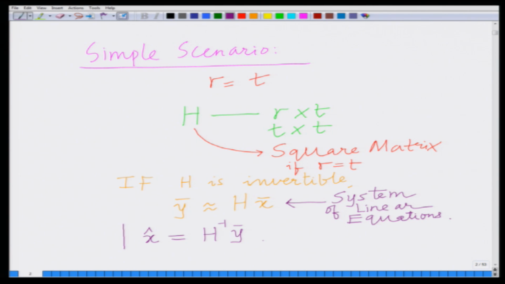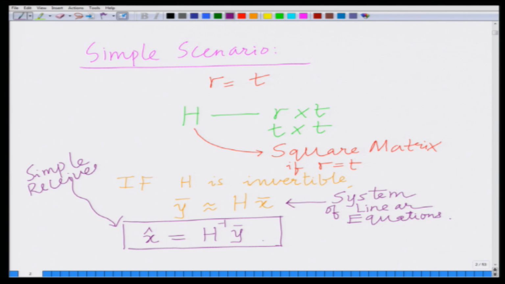So this is a simple receiver, x hat is equal to H inverse of y bar. This is our simple receiver structure.